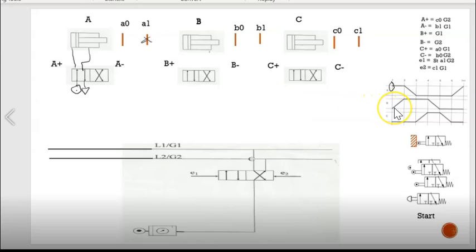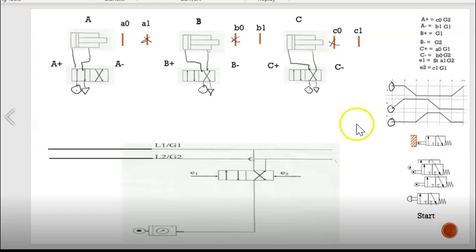And then we look at the B cylinder, it starts at B0, so we're going to use this side, and it will connect again to the power source and the exhaust. And then for C, it also starts at C0, so it's going to be here, so we're going to use this side. So make sure you use the right connection, and we have the power source and the exhaust.